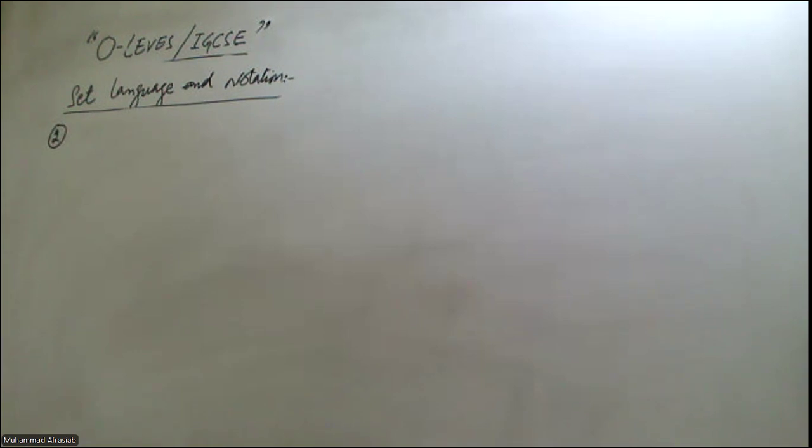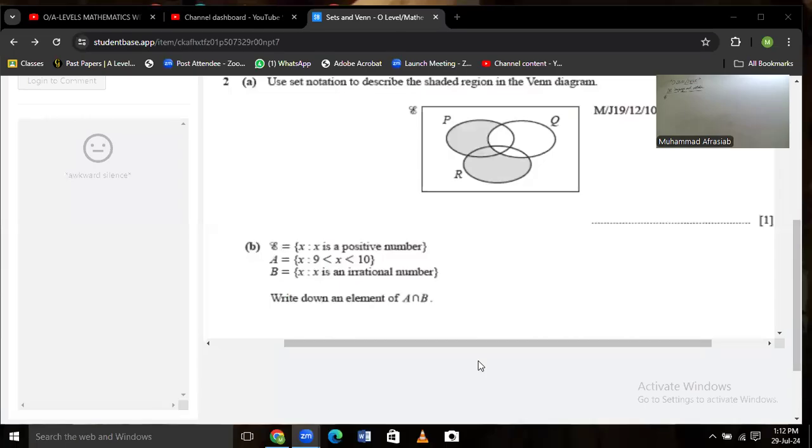Now the next question. Use set notation to describe the shaded region in the Venn diagram of this P, R, and Q universal set. So this is the universal set they have shown.